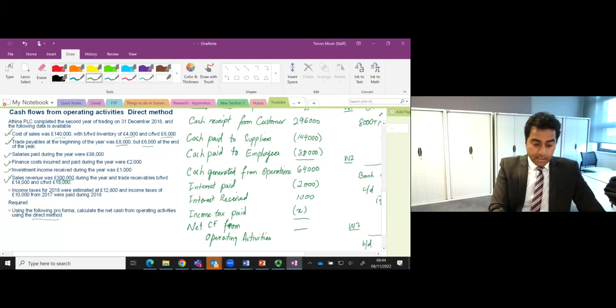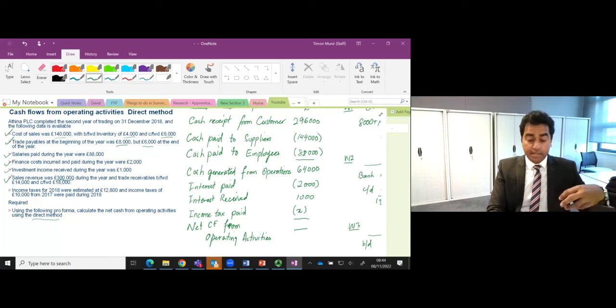And then lastly, the income tax. So the information tells me that income tax for 2018, which is the current year, is estimated to be 12,800 pounds. And the income tax of 10,000 from 2017, which was last year, was paid during 2018.